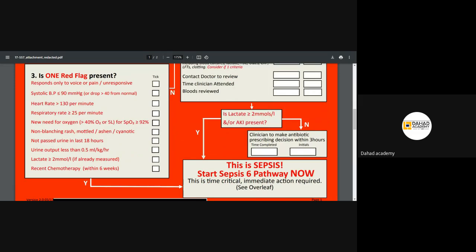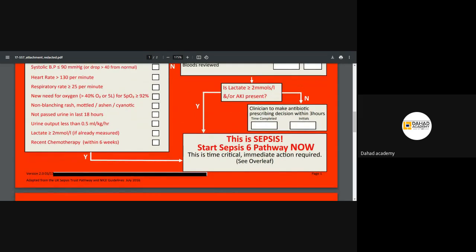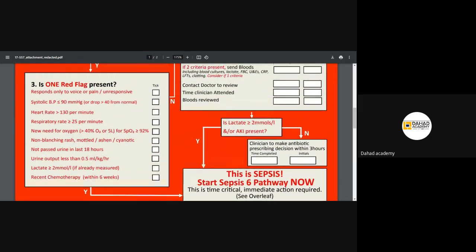If you are ticking some boxes there, the patient has sepsis. If the patient has sepsis, you will need to give him oxygen, give him fluid, and give him antibiotics. Is that clear?